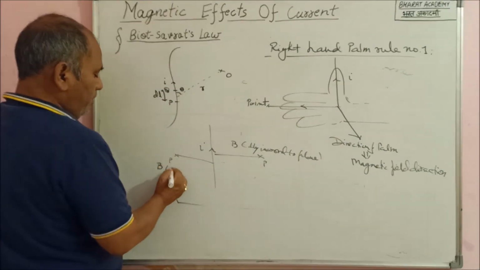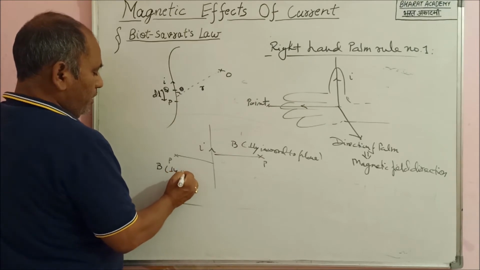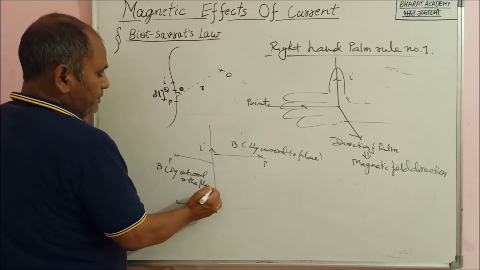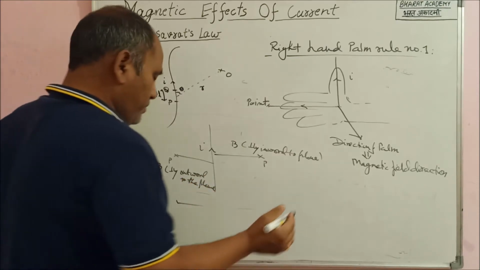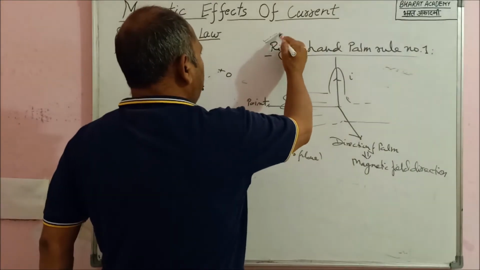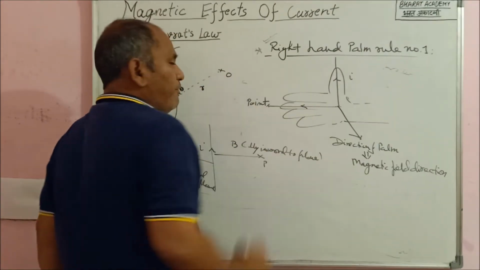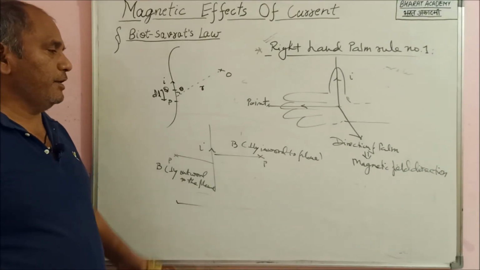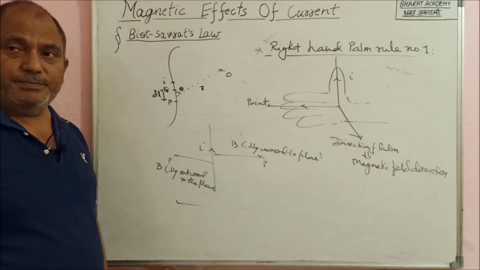In this case, B will be perpendicularly outward to the plane. So don't get confused, simply use it for magnetic field. Palm rule is for magnetic field and Fleming's left hand rule for force. Then you will not have any doubt about it, right?